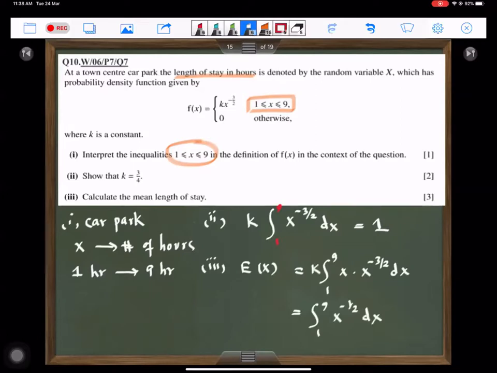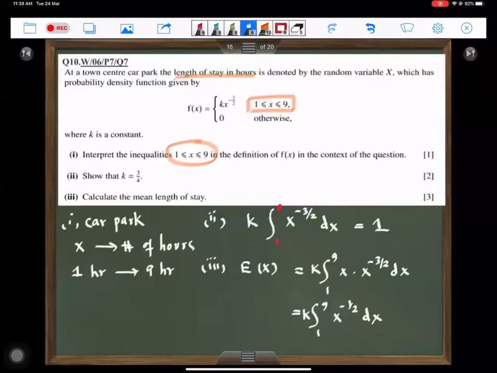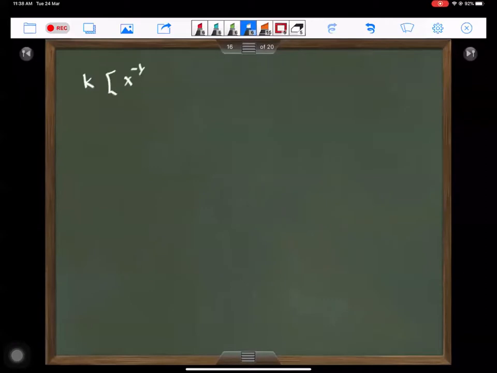This is k, leave it as k. And therefore after integration, the power is minus half plus 1, which is half, between the limits 1 and 9. Division by half is multiplication by 2. And this is 2k times square root of x between 1 and 9.